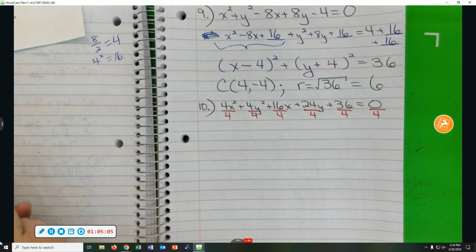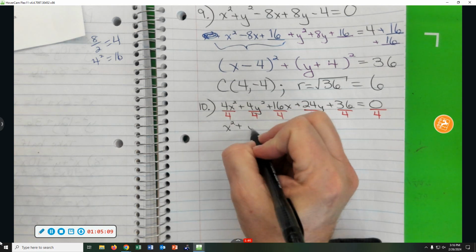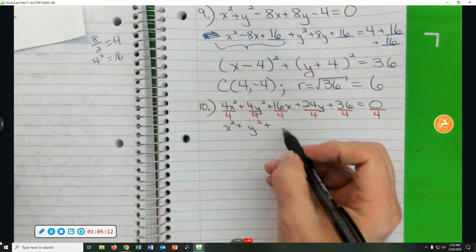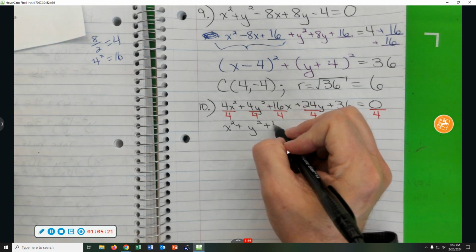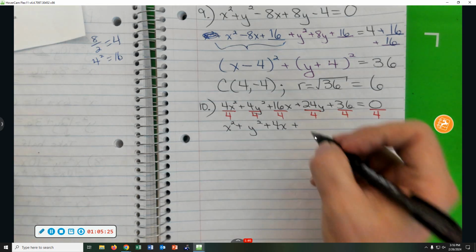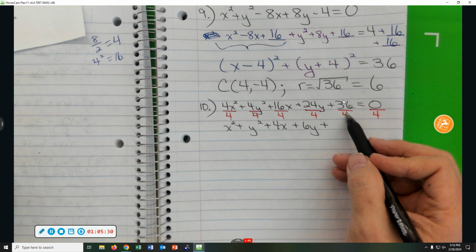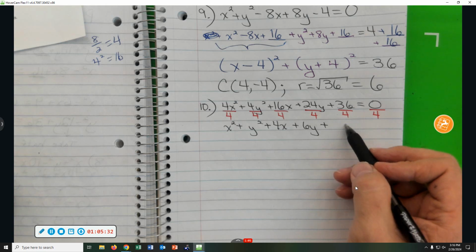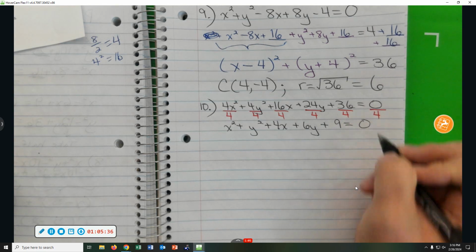And that gives us 1x squared plus y squared plus here, I'm waiting, 4x plus here, 6y plus 36 divided by 4, which is 9, equals 0 divided by 4, which is 0.